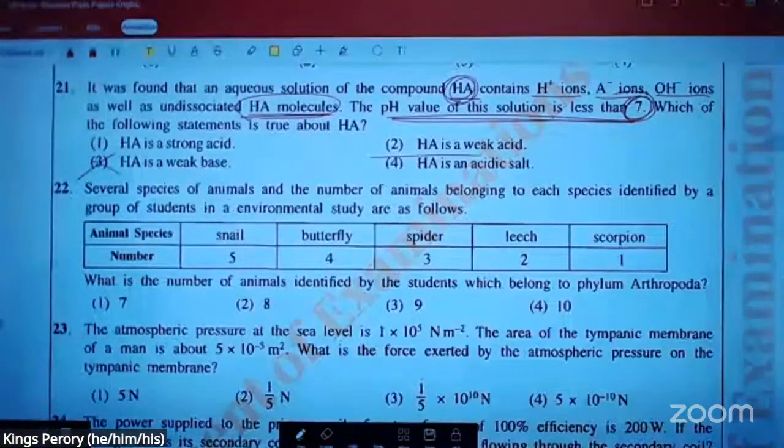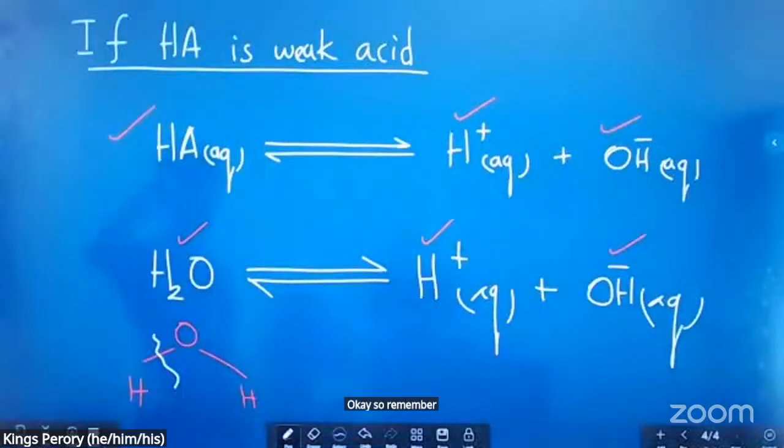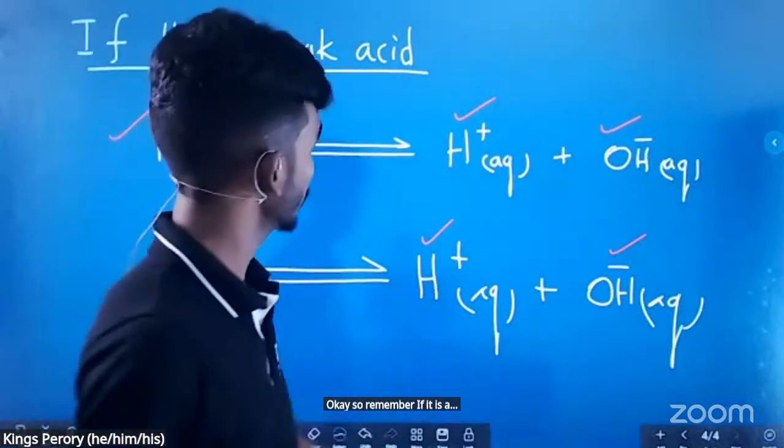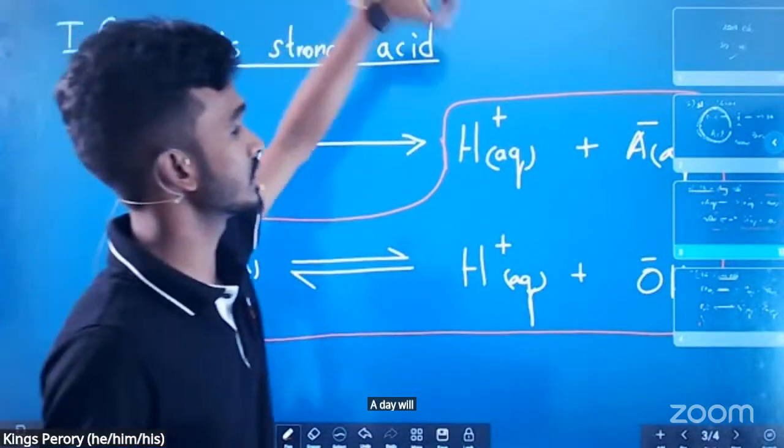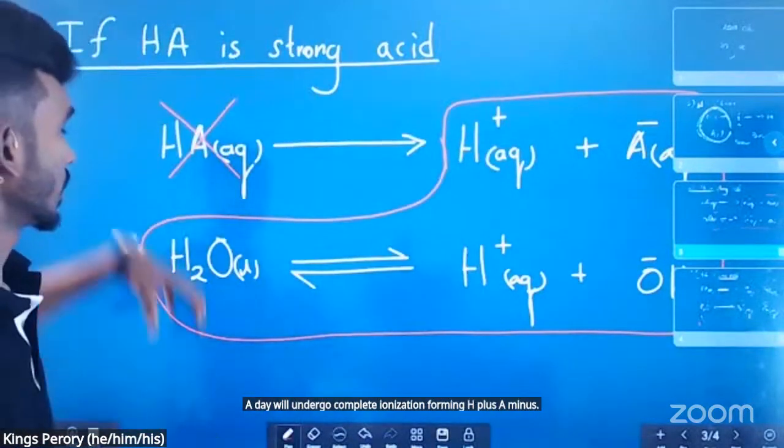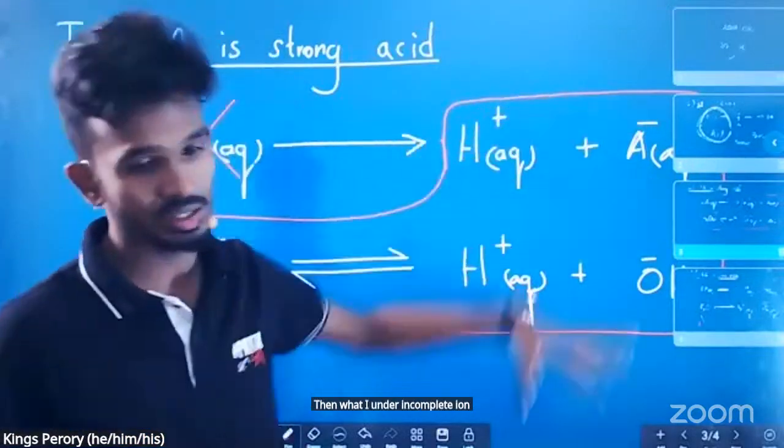Okay, so remember, if HA is a strong acid, HA will undergo complete ionization forming H plus, A minus. Then water will undergo incomplete ionization forming H plus and OH minus.